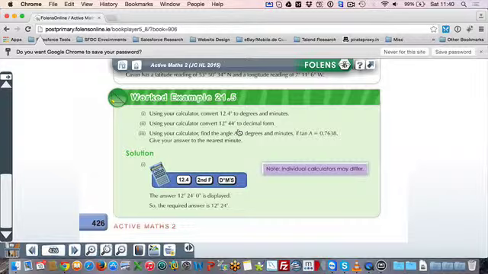The second one then is convert 12 degrees 44 minutes to decimal form.